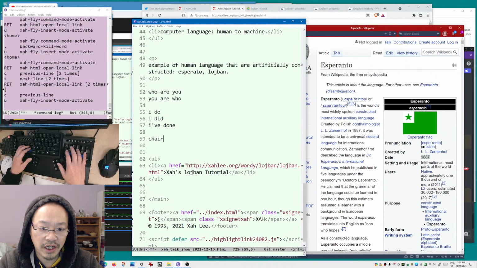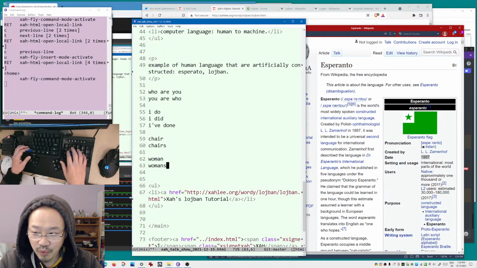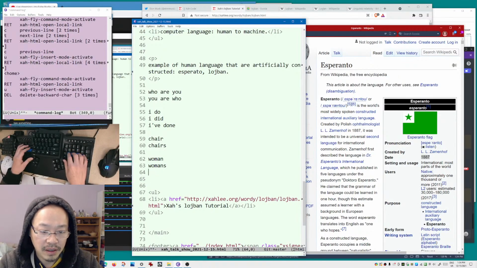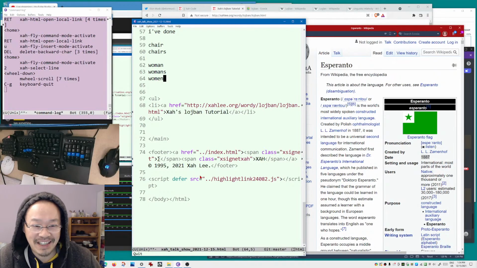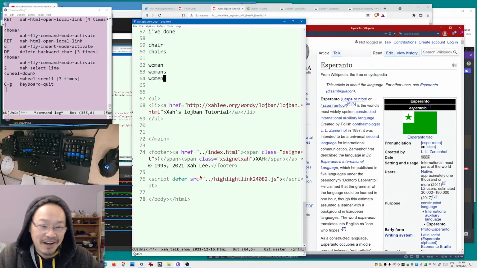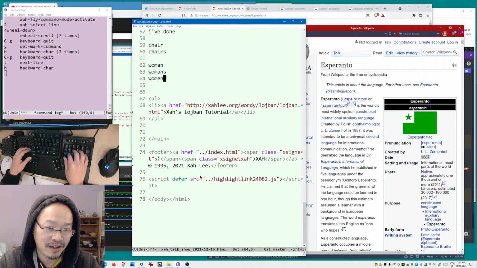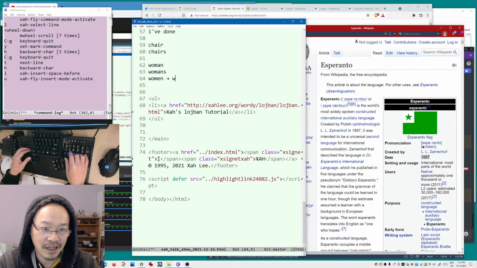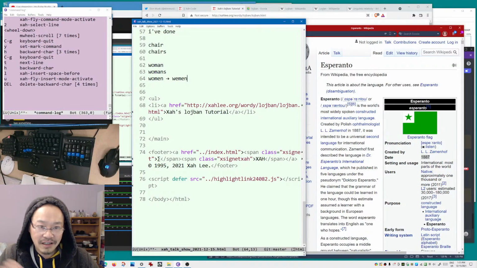For example, chair, chairs, but woman, it's not woman's, but women. However, you don't pronounce the men as men. You have to pronounce it women. So the proper pronunciation for this word is women. Okay, so that illustrates the irregularity.